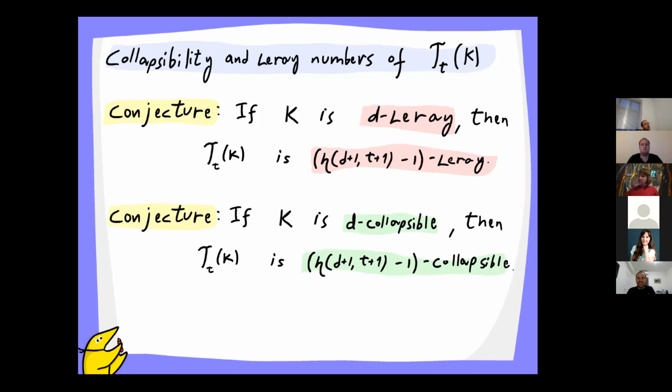These are still conjectures, but we were able to prove some results related to this. Before I talk about the results, I want to show you some examples showing that at least in some special cases, these bounds η(d+1, t+1) − 1 are the best that we can hope for.